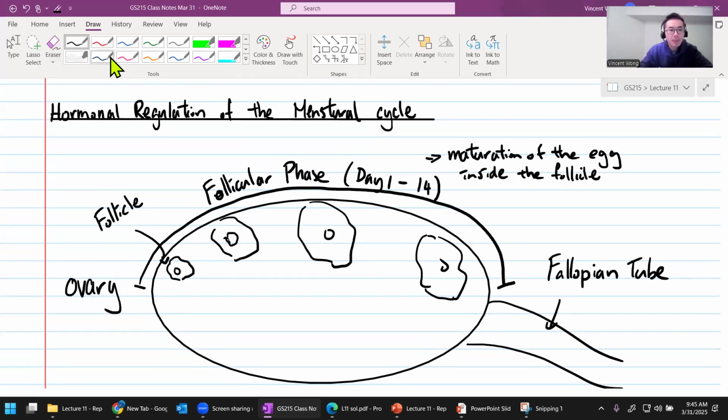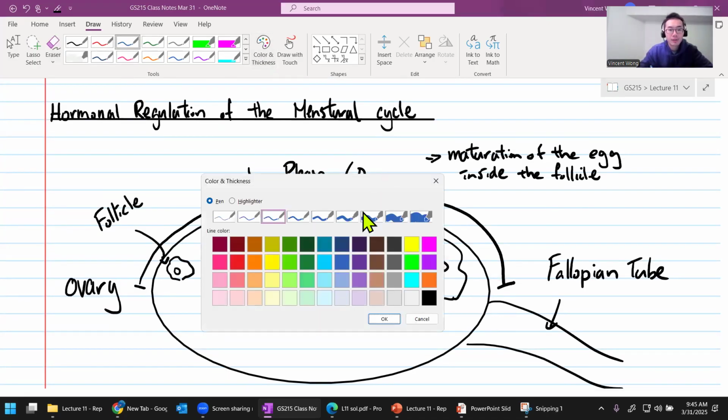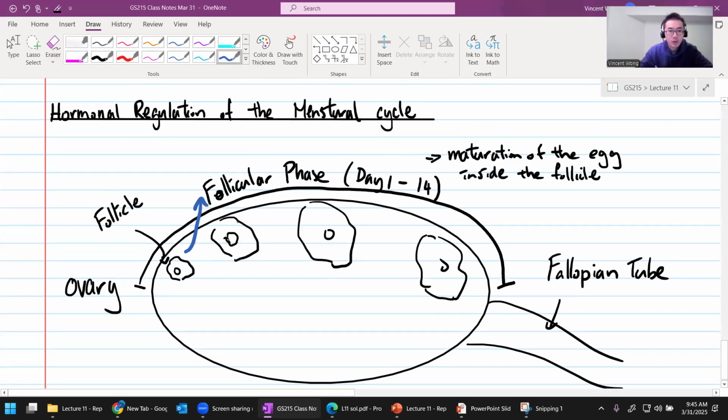As the follicle develops, it is going to be releasing a hormone, and that hormone is estrogen. I'll tell you what it does in a bit, but that's the key thing to know for now.